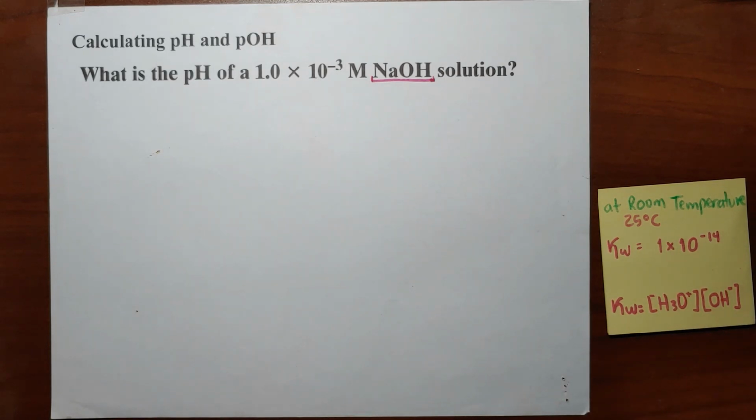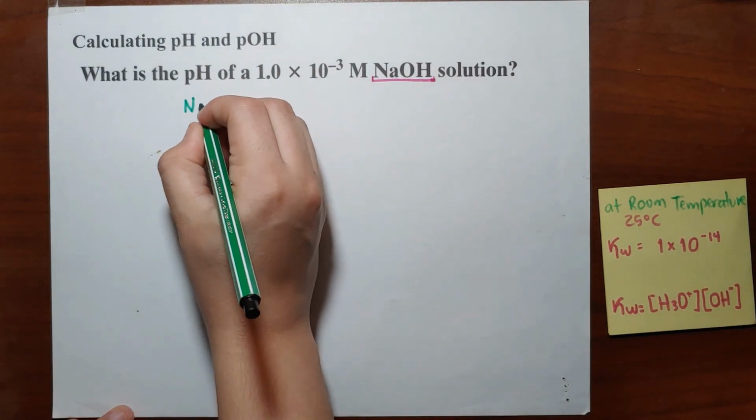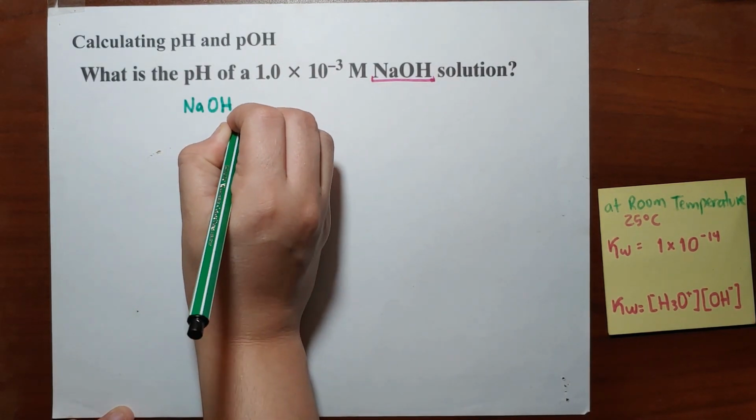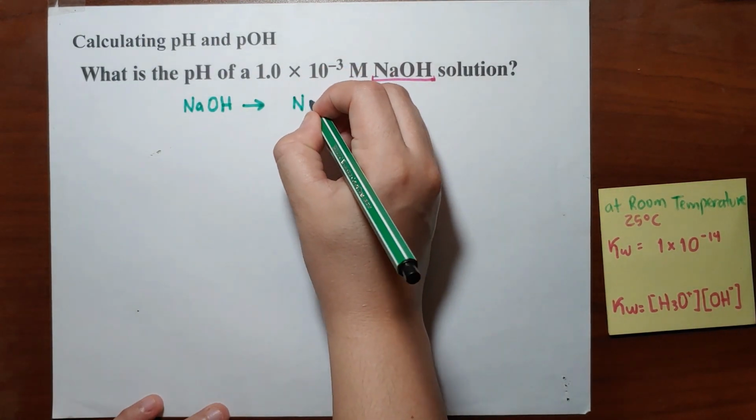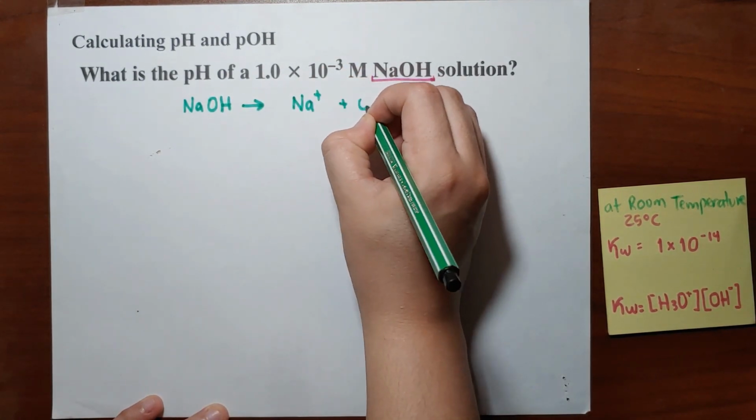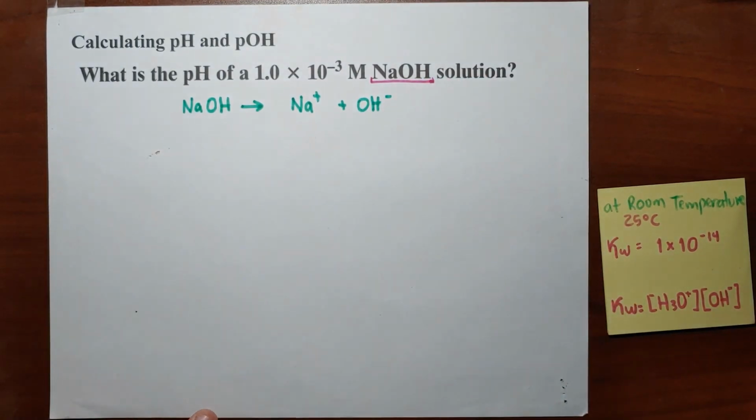Okay, so in the first step, we're going to do the reaction and the molar ratios just like we did in the example before. So we say NaOH. How does this ionize? This ionizes into sodium ions plus OH ions.